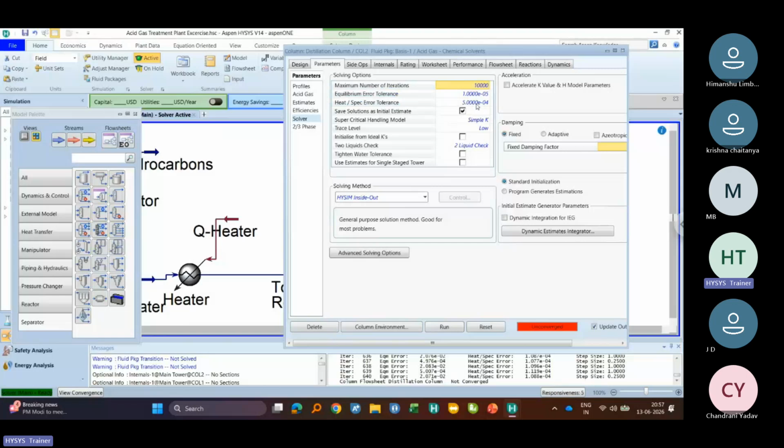You can see that the equilibrium error tolerance in our case is 1 into e to the power minus 5, whereas the heat or specification error tolerance is 5 into e to the power minus 4. So we will give the equilibrium error tolerance this same value, 5 into e to the power minus 4.